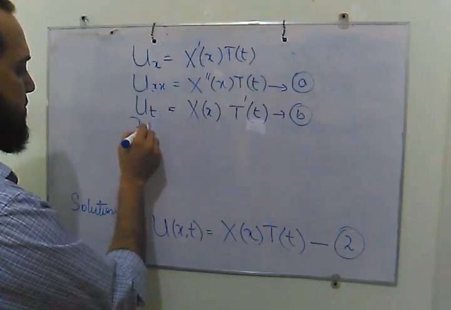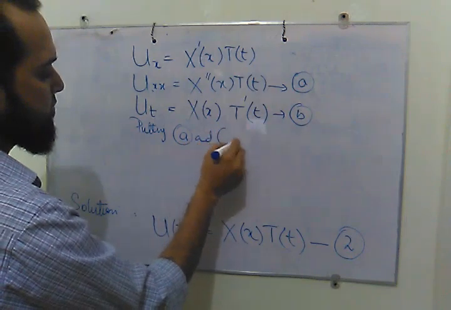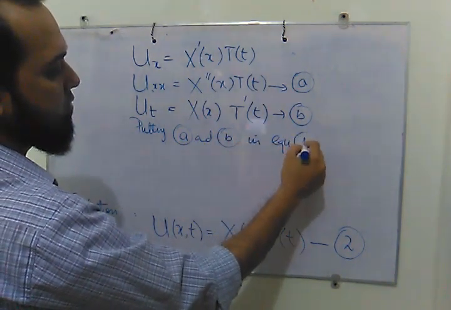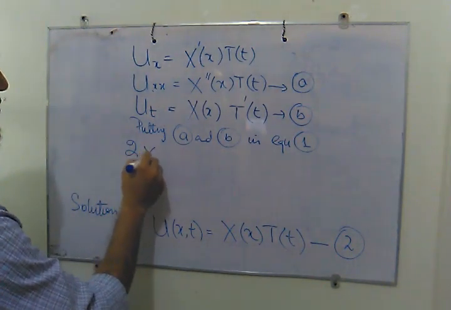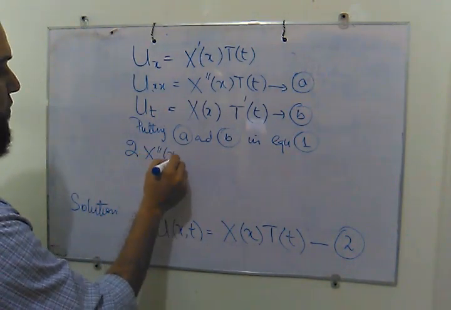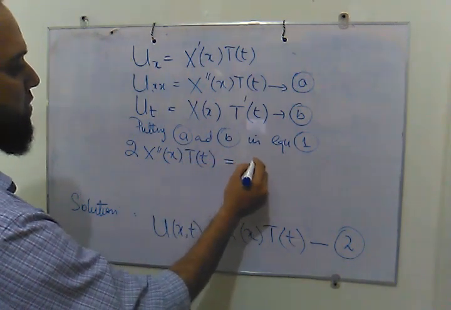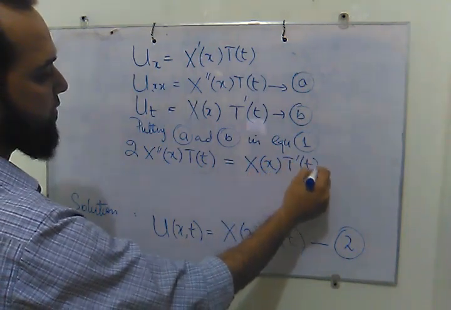Now putting A and B in equation 1, which was our heat equation, gives us 2 X double prime of x T of t is equal to X of x T prime of t.